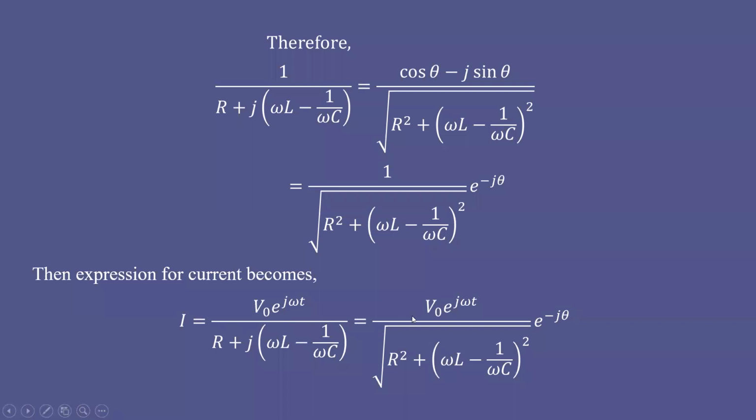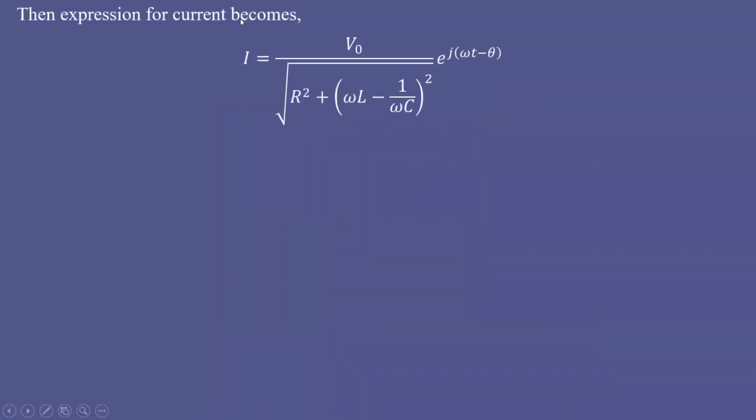Therefore, I will be equal to V naught into e to the power j omega t divided by square root of R square plus omega L minus 1 by omega C the whole square into e to the power minus j theta. Combine this e to the power j omega t and e to the power minus j theta. You will get e to the power j omega t minus j theta.